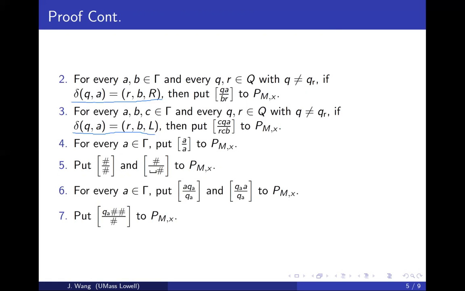Okay, so if this is the case, then on the domino, the top is QA, which is what we are reading, and the bottom is the result that we move to.